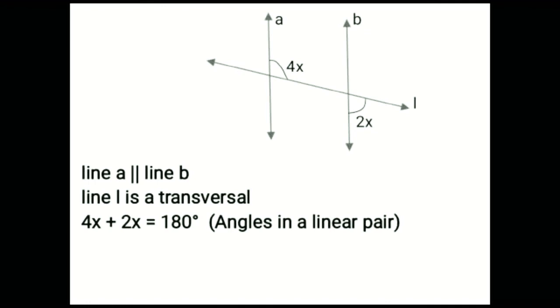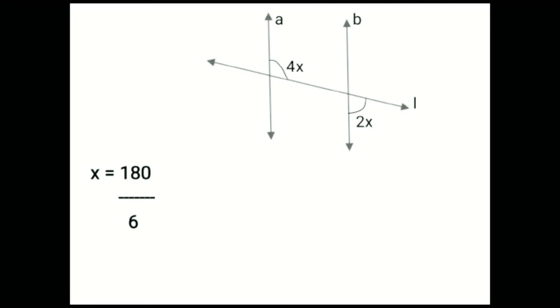That is angles in a linear pair. 4x plus 2x is 6x is equal to 180 degree. Find the value of x. X is equal to 180 divided by 6. Divide it here. I am dividing here. Okay. You have to divide it in your notebook.